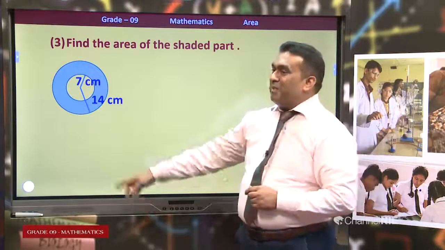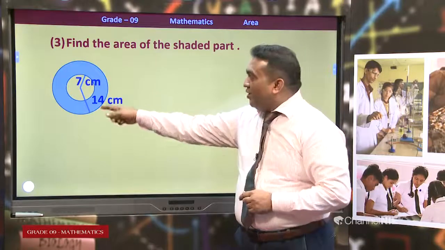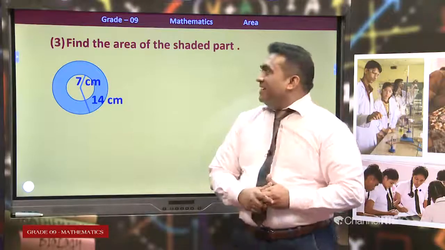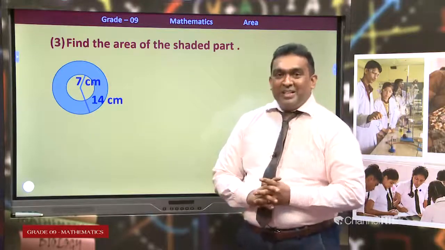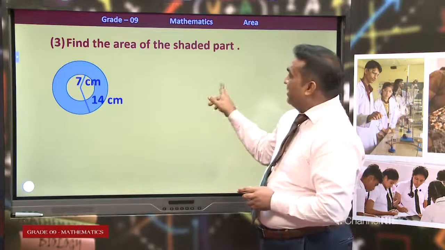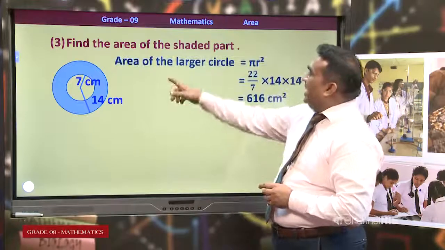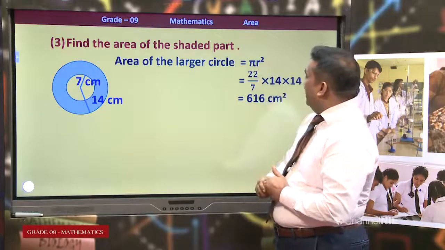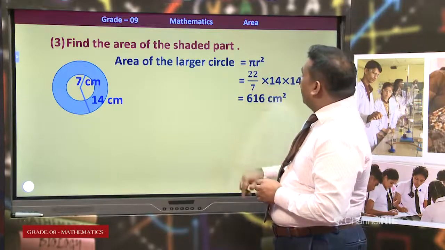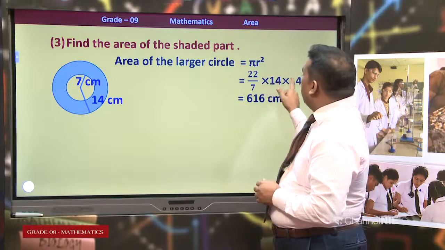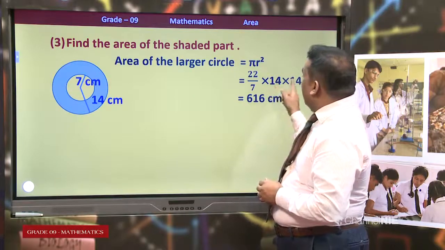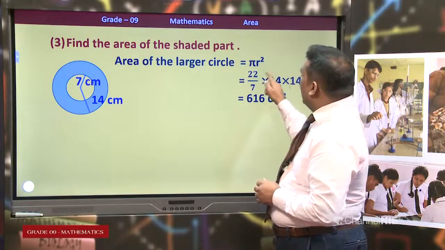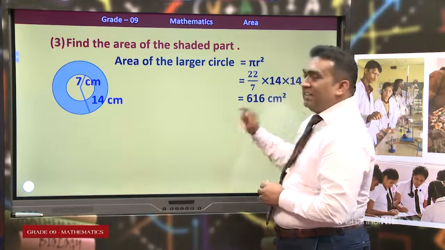Taking the difference between the area of larger circle and smaller circle, you have the shaded area. Right, we will see. Area of larger circle is πr squared. Here 22 over 7 r squared, 14 multiplied by 14. Then how many 7s in 14? 2. 22 multiplied by 28 is 616.